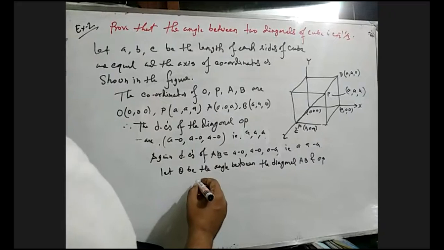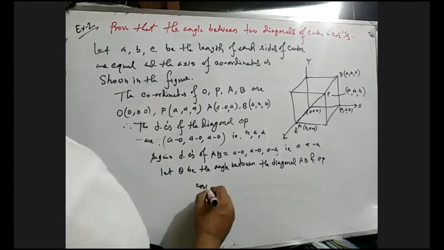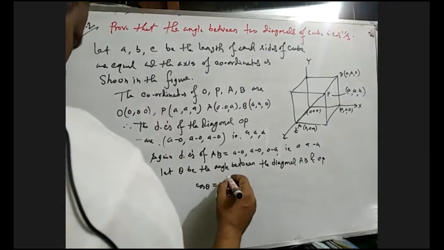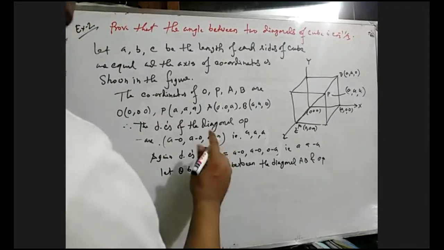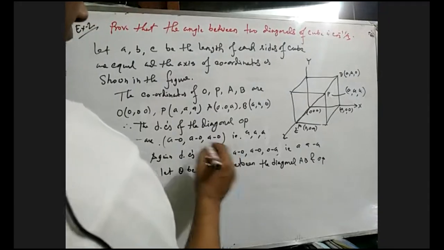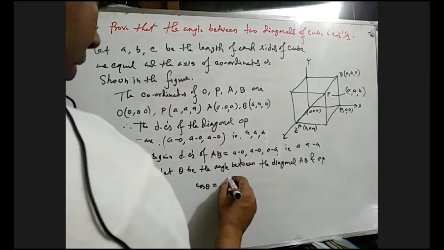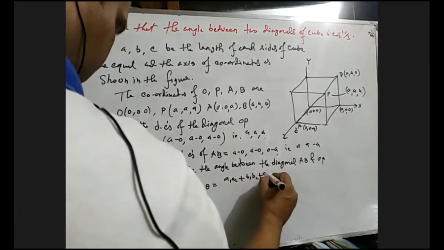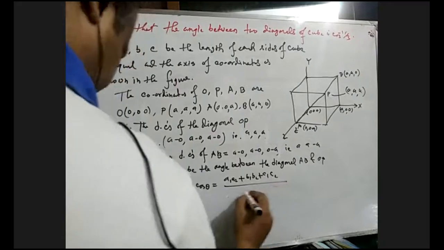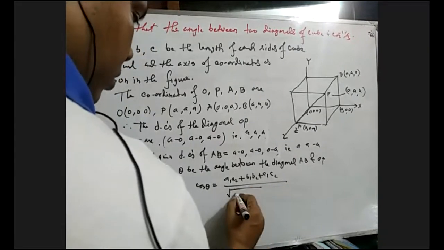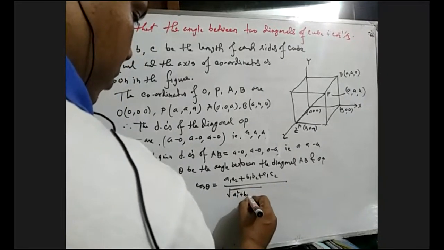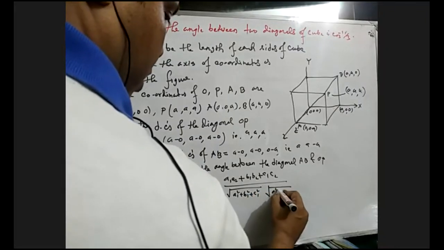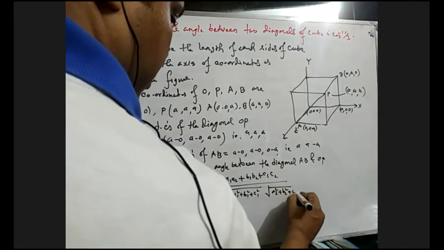So according to the formula, cos theta equals to what? cos theta equals l1 l2, that means a1 a2 plus b1 b2 plus c1 c2 divided by root of a1 square plus b1 square plus c1 square into a2 square plus b2 square plus c2 square.